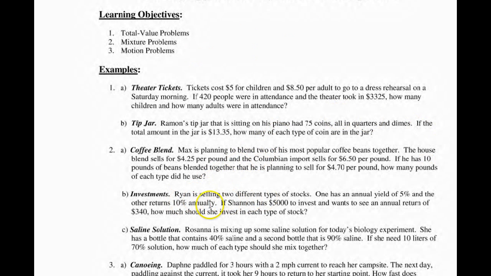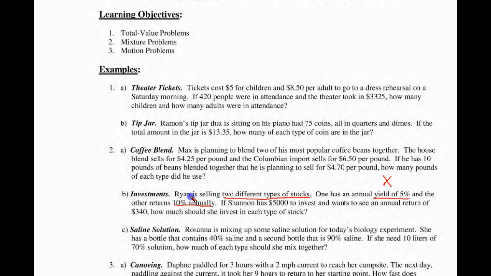All right, investments. Here we're going to have some money. He's got two different types of stock. One with an annual yield of 5%. We'll call that one X. And one with 10%.